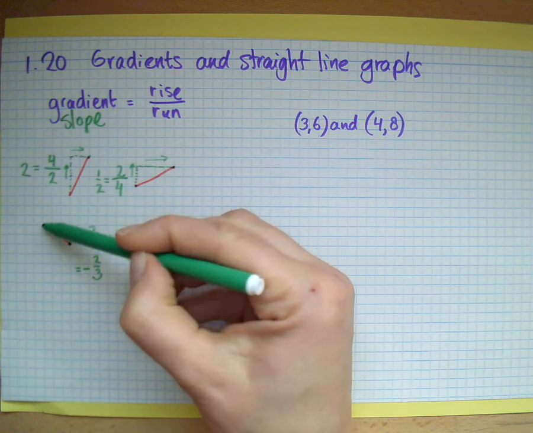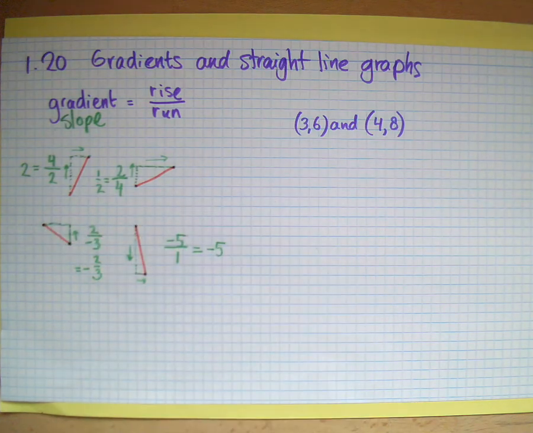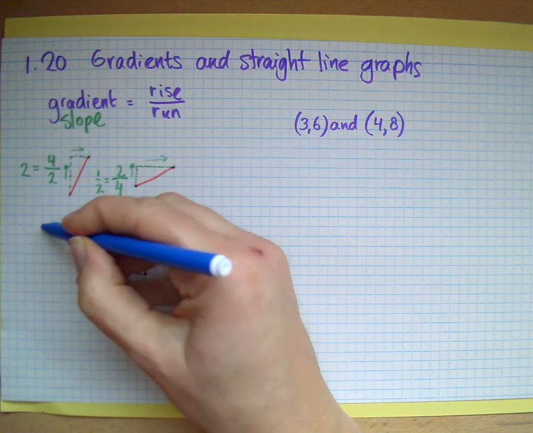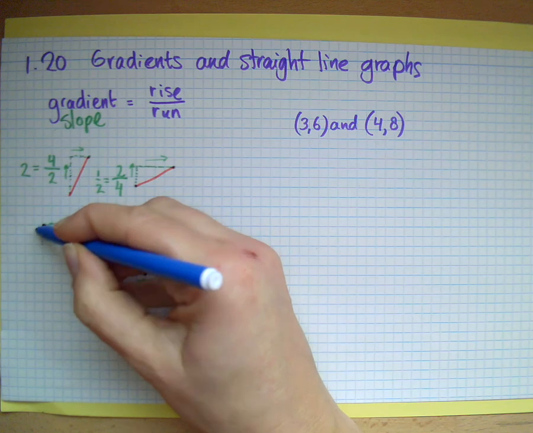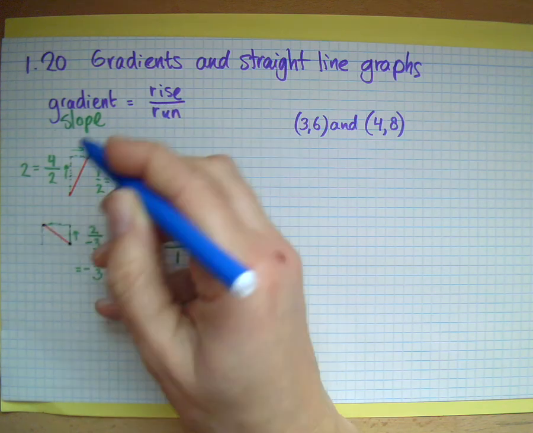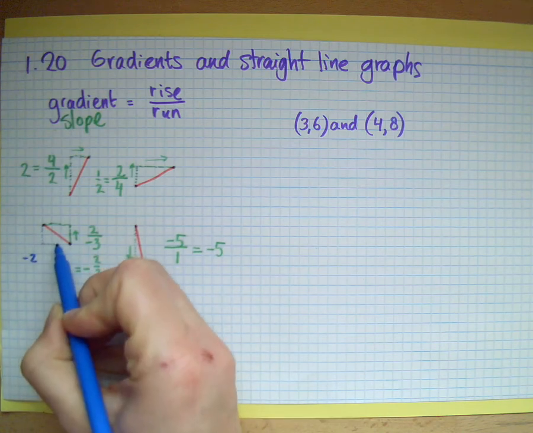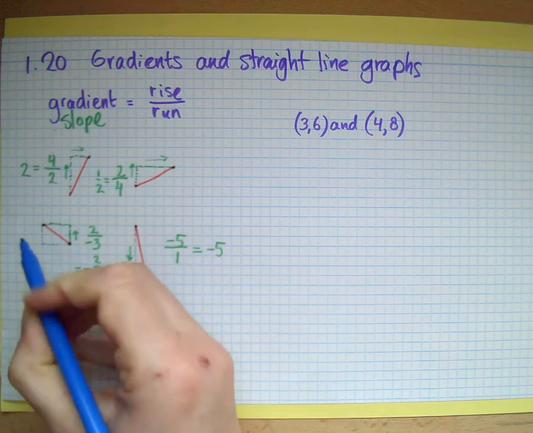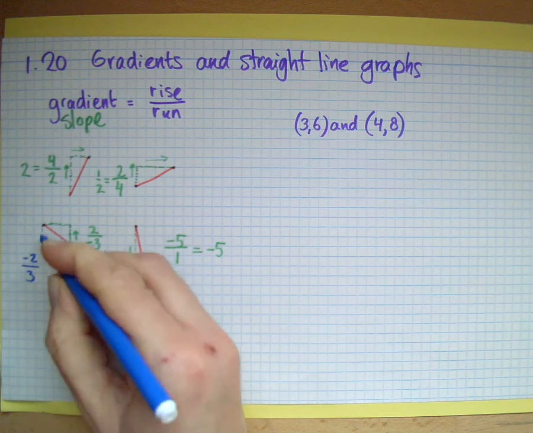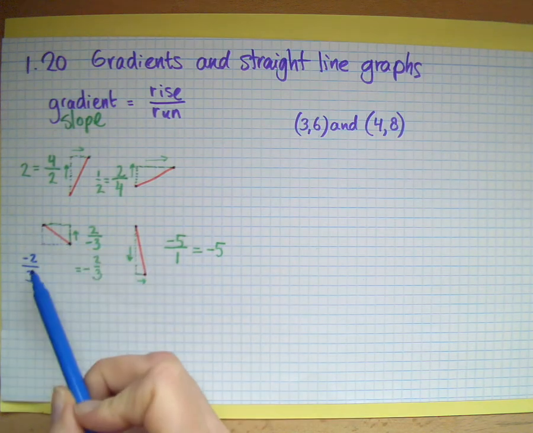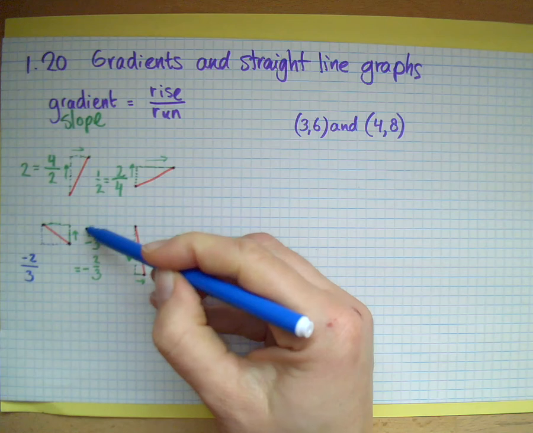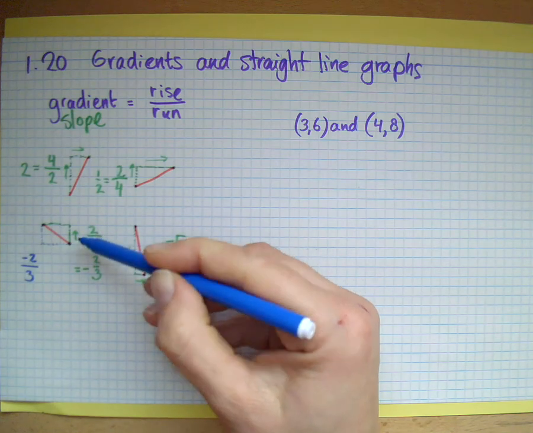If we'd gone from this point to that point, I'll show you that would have given us exactly the same slope. Watch. We're going down 2, which is a negative rise, so negative 2. And now the run is positive. We go towards the right, 3. So negative 3 over 2 is what we get here. What we had here was a positive 2 over a negative 3.